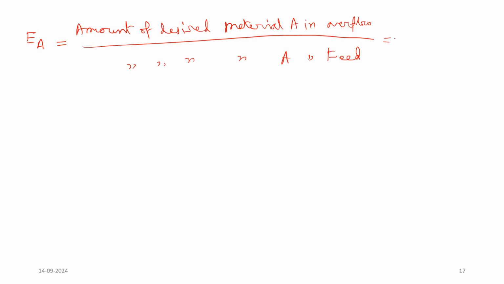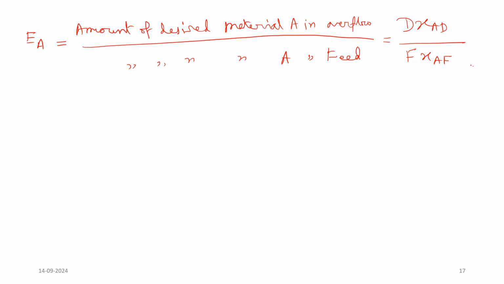The calculation will be flow rate into mass fraction. In case of overflow, the flow rate is D and the desired mass fraction is XAD, divided by feed, which is F XAF.